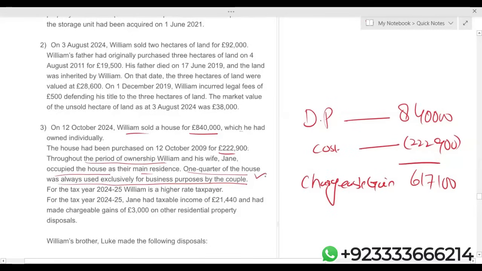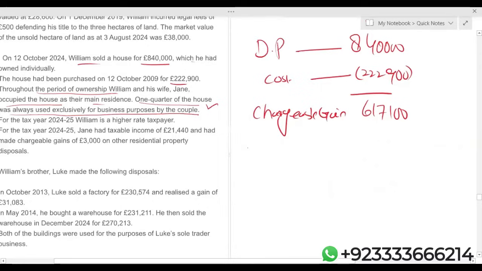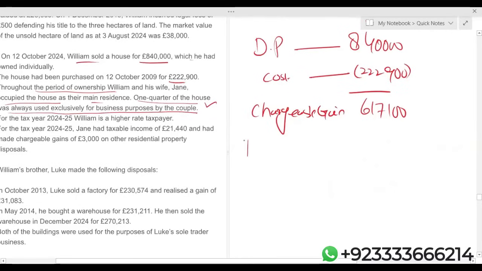Actually, ownership period and occupation are equal, but there's one problem. The entire accommodation was not used as a house; 1/4 was used in the business. So logically, the relief is only 3/4.